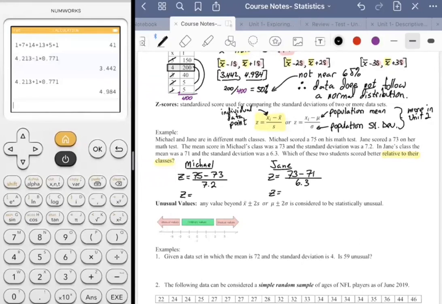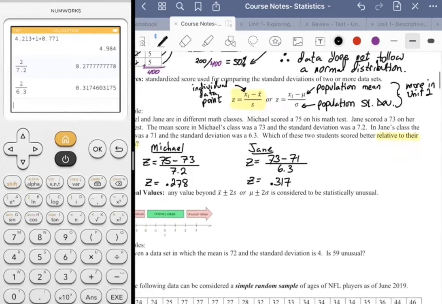So I compute 2 divided by 7.2, 0.278. 2 on the top, 6.3 on the bottom, 0.317. I'm going to draw a picture of a normal distribution real quick. By creating z-scores, we standardize it so that the center of the normal curve is equal to 0. That's the mean.